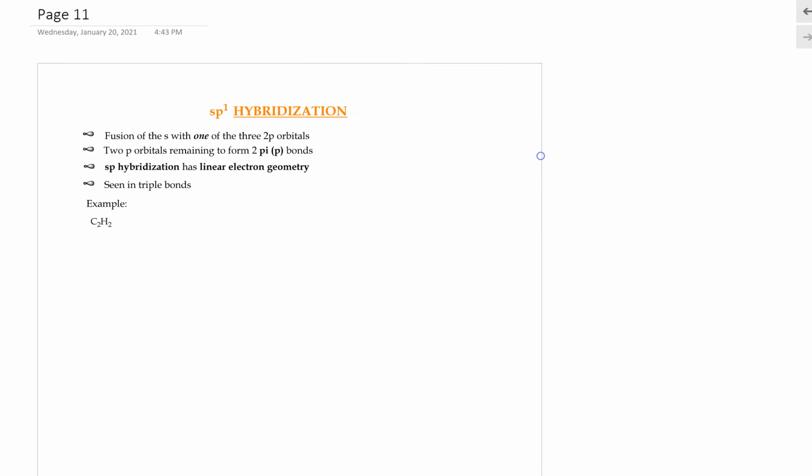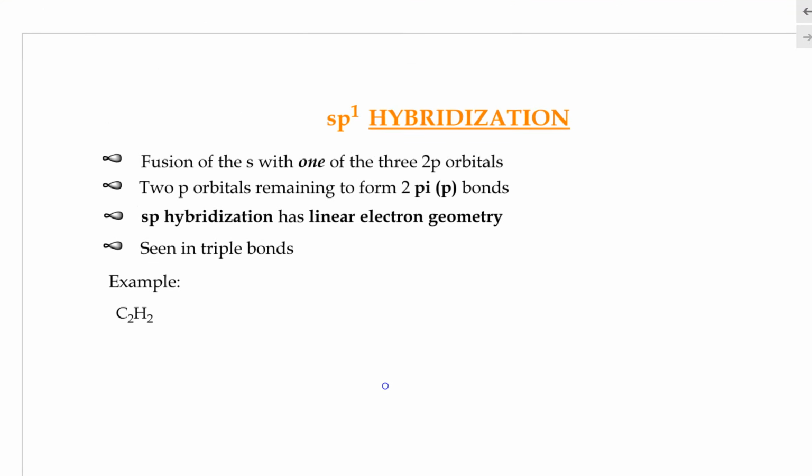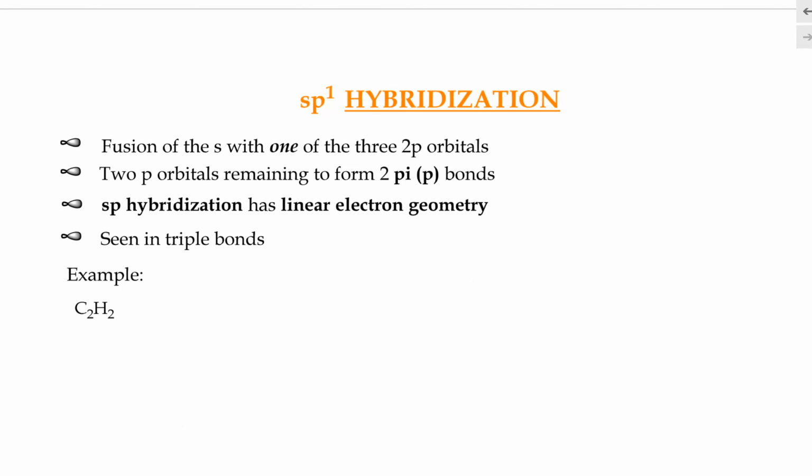And now moving on to another example involving sp1 hybridization. In this case, sp1 hybridization refers to the fusion of the s orbital with only one out of the 3 p orbitals. And because only one of the p orbitals is involved in the hybridization, there are basically 2 p orbitals remaining.